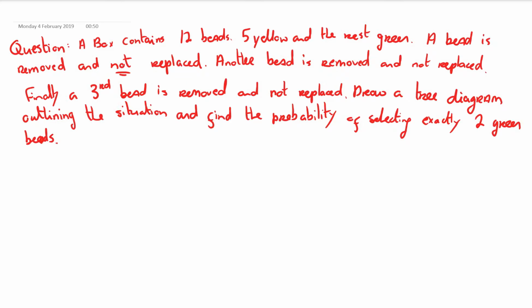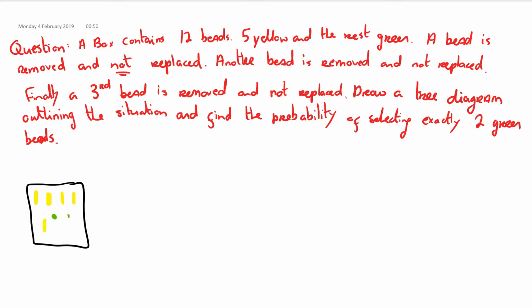The first thing I'm going to do is I'm going to draw it out. So there's my bag, or I think it's a box actually. So go box. And we have 12 beads, 5 yellows. Right, so 1, 2, 3, 4, 5. And the rest green.